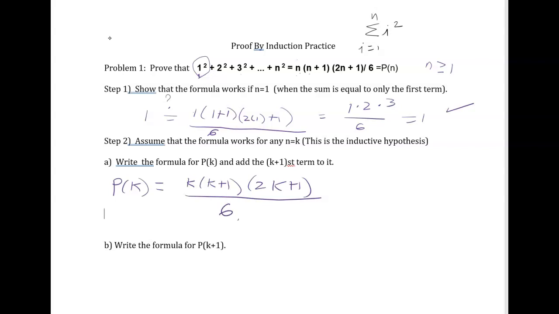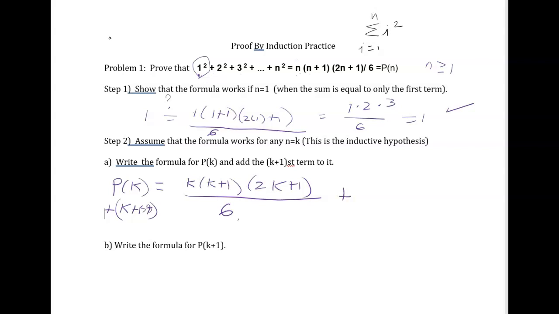Now, what I'm going to have to try to prove is that this plus the k plus first term is equal to P of k plus 1. So if P of k equals that, P of k plus the k plus first term is going to be that plus.